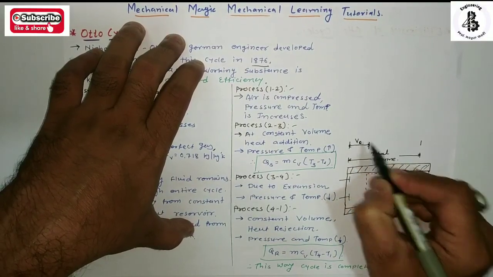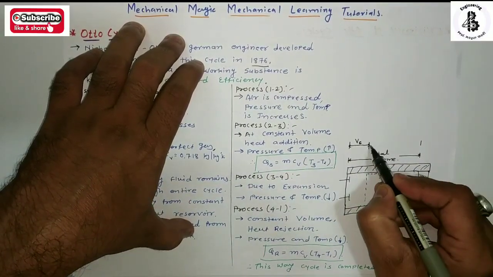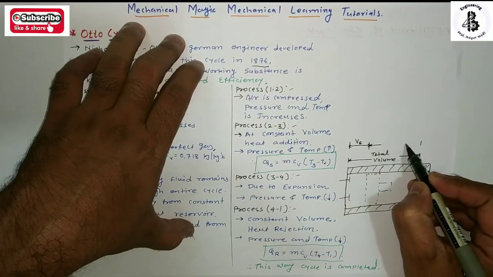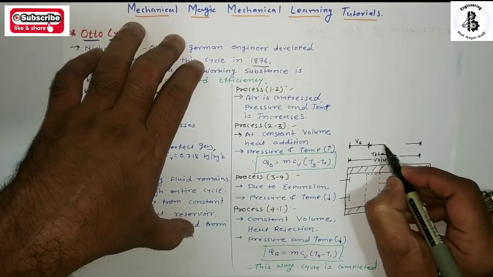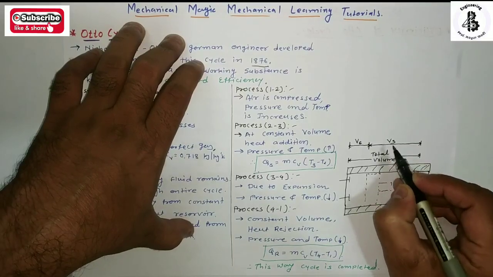So that is the clearance volume, and the remaining portion the piston has to move is called the swept volume.